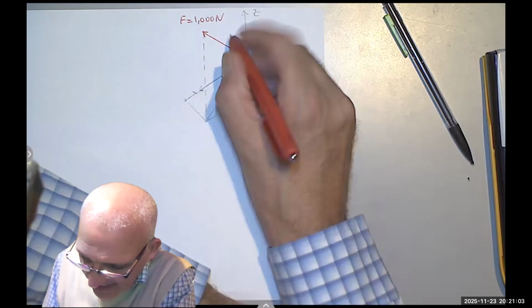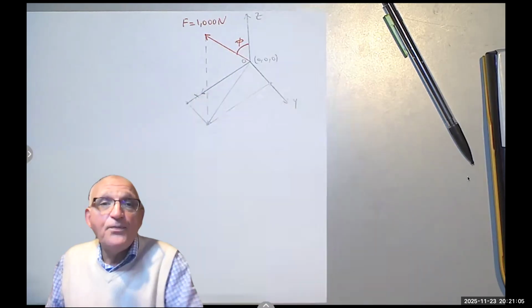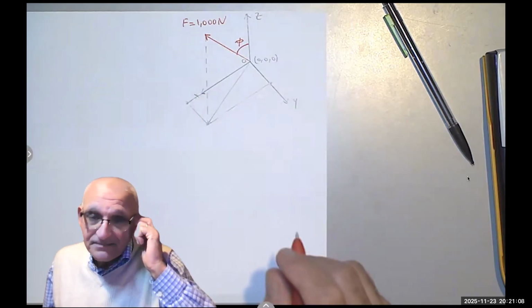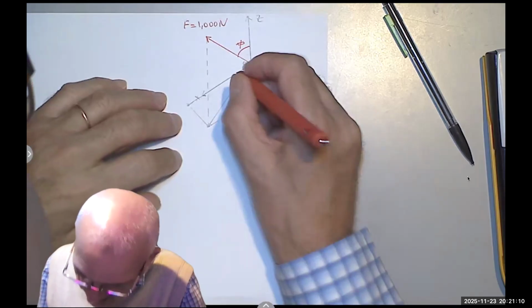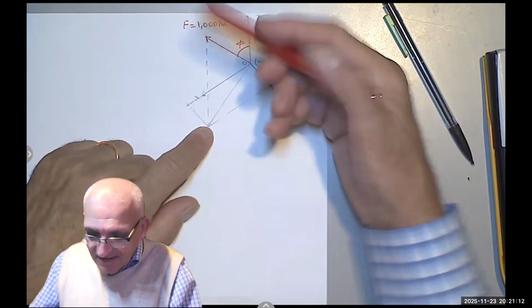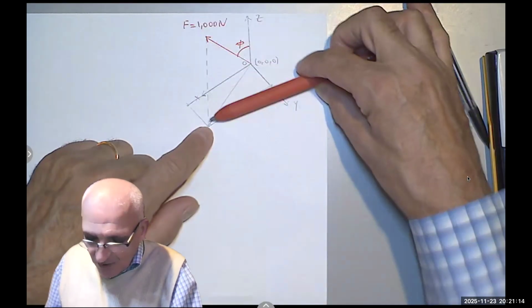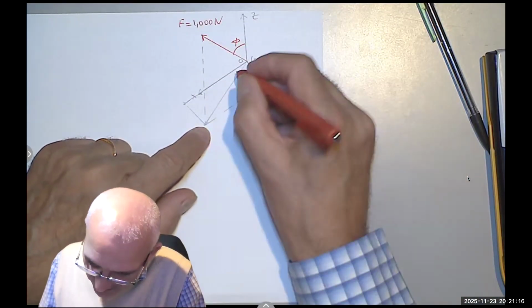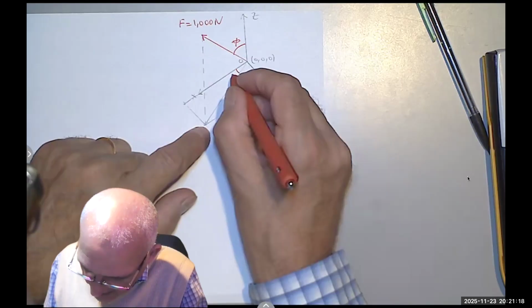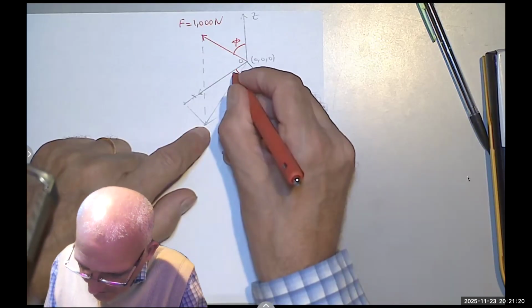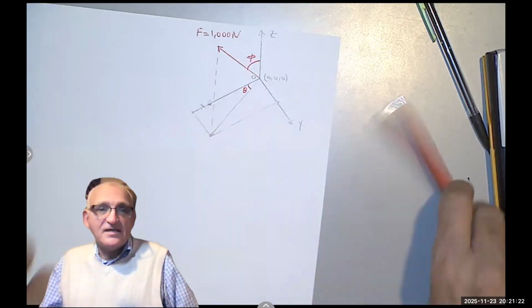We're going to call that phi, or the polar angle. And then you project this force onto the XY plane, it would give you an angle here, the azimuthal angle that we've used in 2D, which is theta.